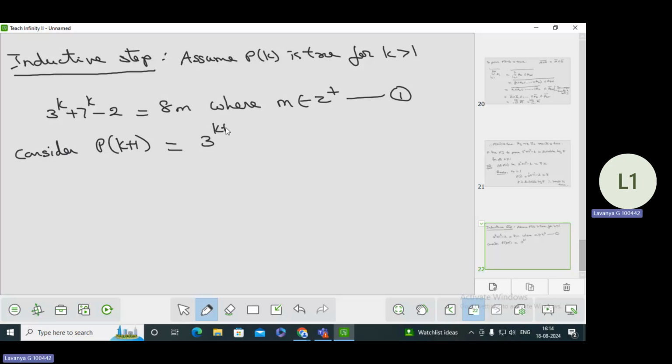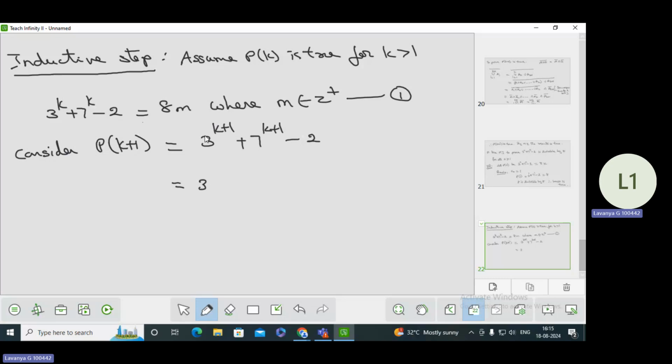This is 3 power k plus 1 plus 7 power k plus 1 minus 2. So how can I rewrite this? I know that 3 power k plus 7 power k minus 2 is 8m, so I have to incorporate this 8m somewhere inside.